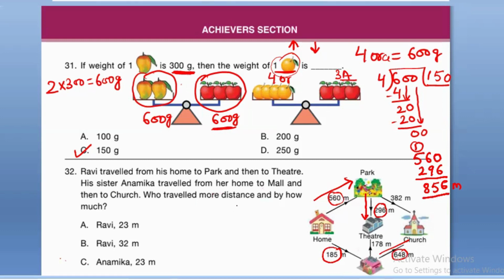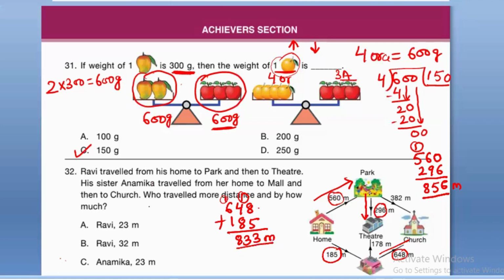We need to add 648 plus 185. What are we getting this time? 8 plus 5 is 13. 3 will come here, 1 will go there as a carryover. Now 8 plus 4 is 12 plus 1 is 13. 3 will come here, 1 will go there. Now 6 plus 1 is 7 plus 1 is 8. So she had traveled 833 meters.